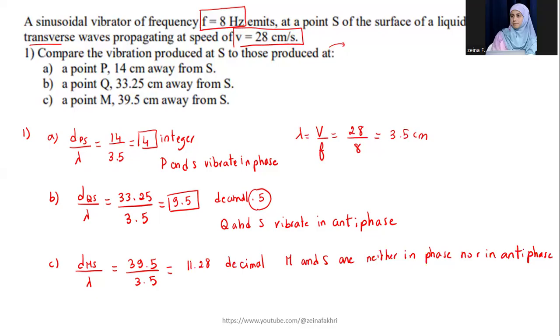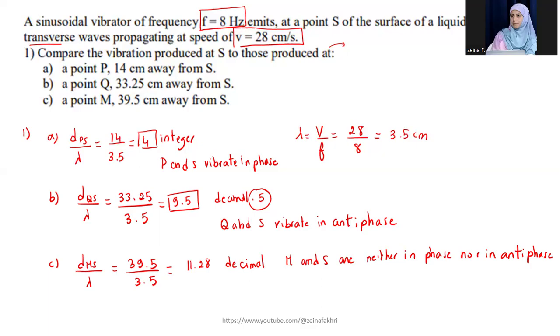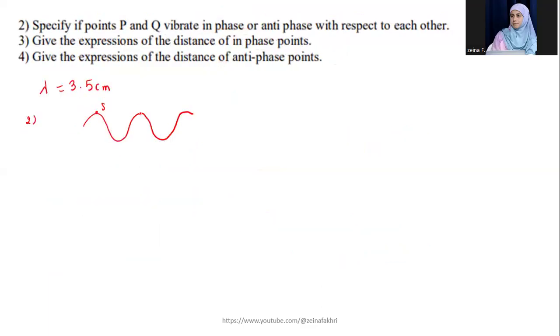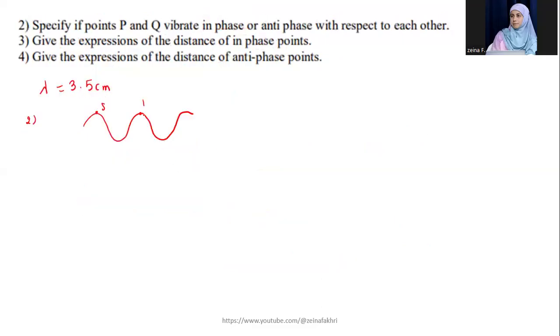We can either do the calculation or we can trace a figure. For example, if S is at this point and P is in phase with the source, actually we have 4, so it will be like 1, 2, 3, and 4. So let's suppose that P is here. So S and P are in phase.